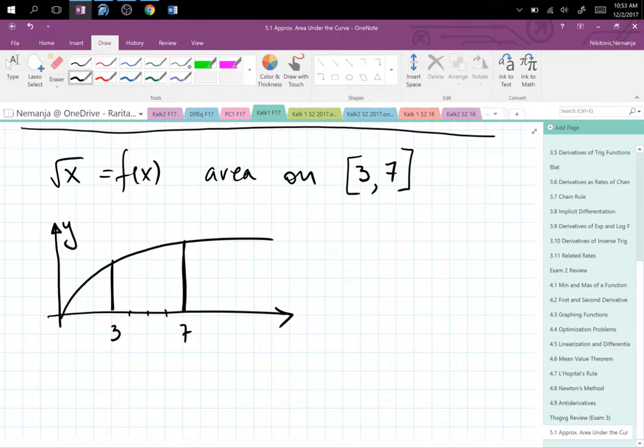So what I'm going to do is drop these verticals. And then if you look at the board now, this is important.